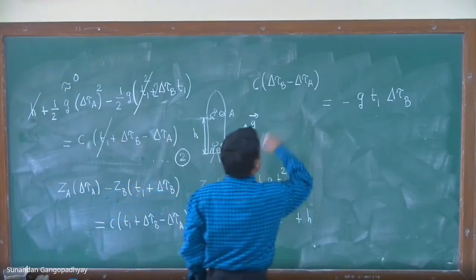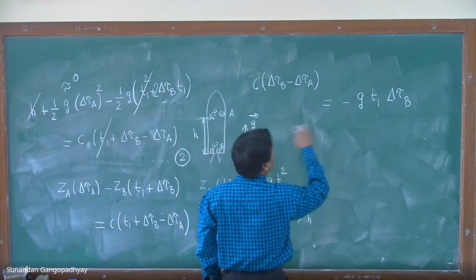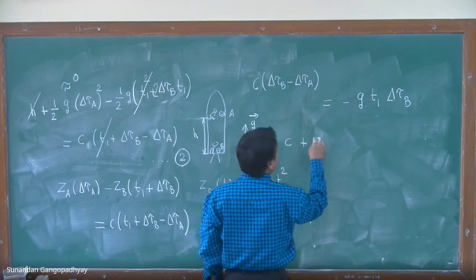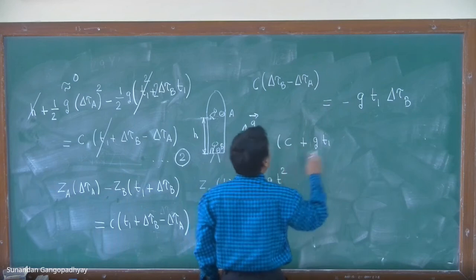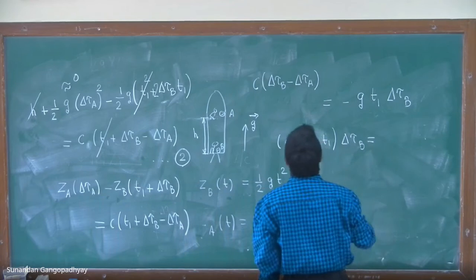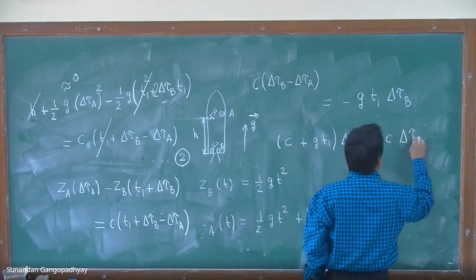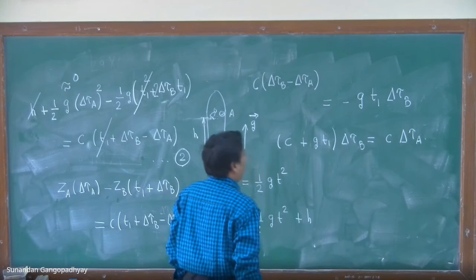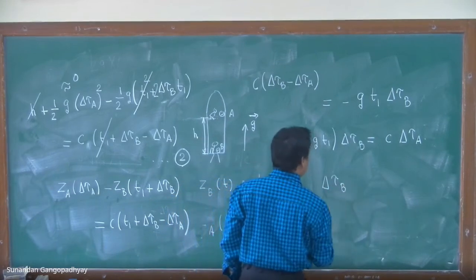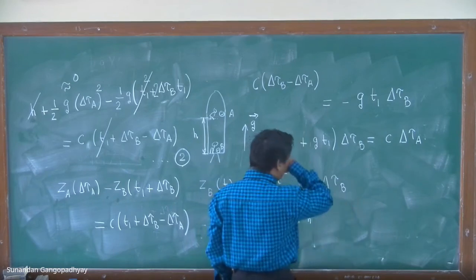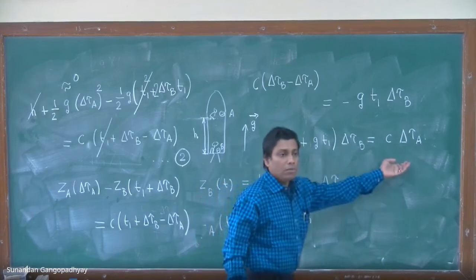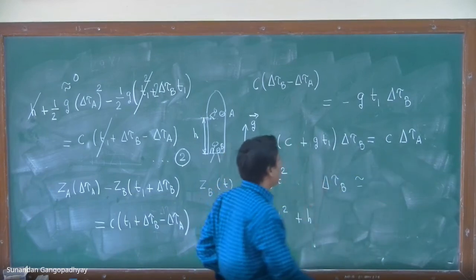Okay. From this nice equation, you can take this to the other side, and we can write this as C plus GT1, multiplied by delta tau B, is equal to C delta tau A. And therefore, you will get delta tau B is approximately equal to, because this factor will go down, and then I will make a binomial expansion.